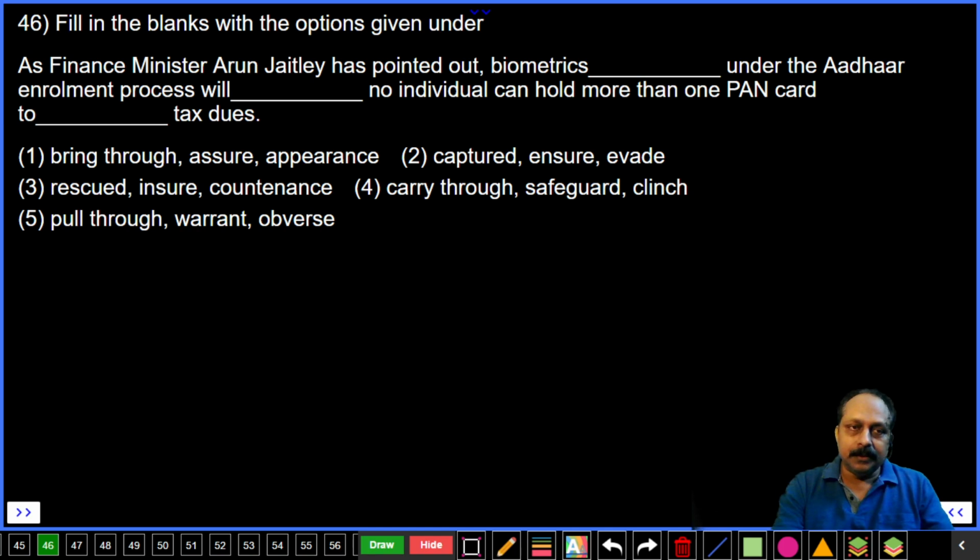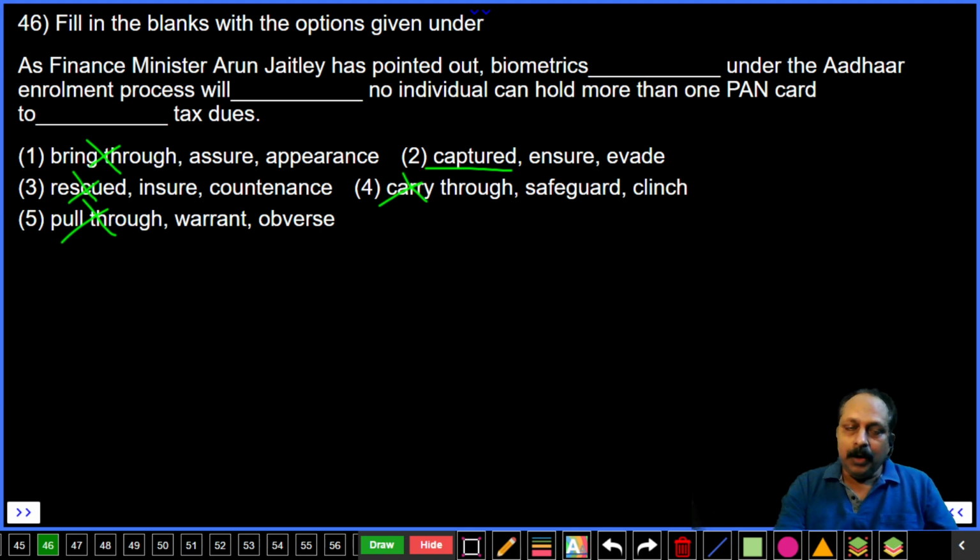We'll check other options. As Finance Minister Arun Jaitley has pointed out, biometrics bring through under, not correct. We need a verb, captured under. The verb should be in the past. Rescued, not relevant. Not in the past.